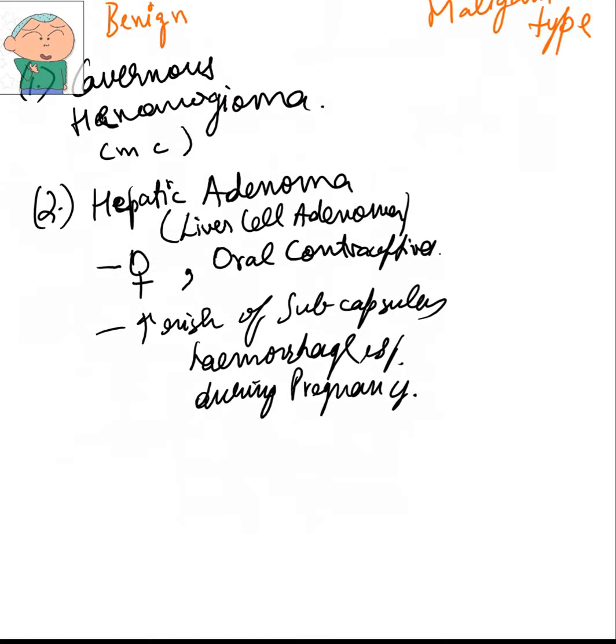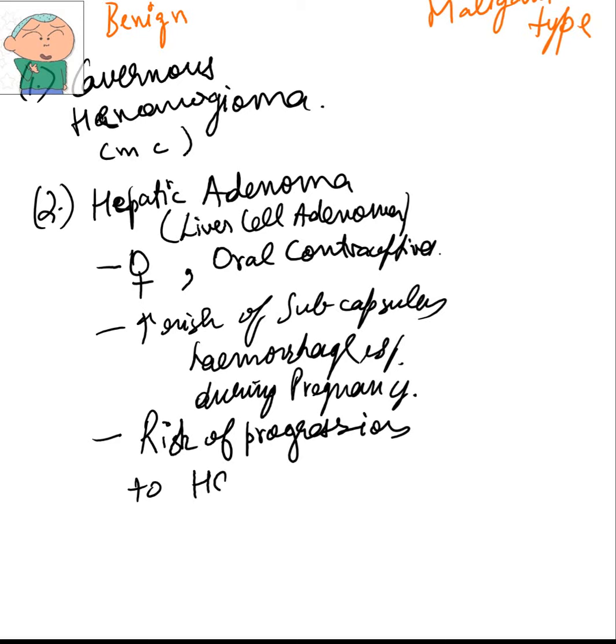Yes, hepatic adenoma has a risk of progression to hepatocellular carcinoma. Talking about the mutation, we have beta catenin mutation seen in hepatic adenoma.